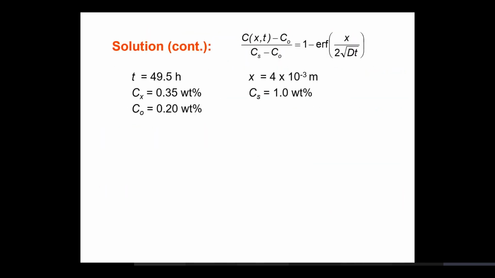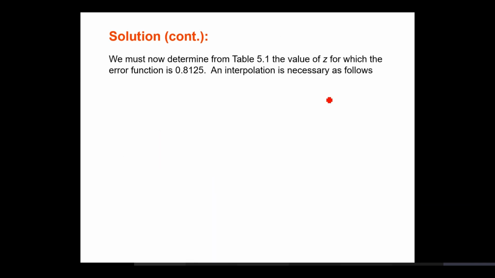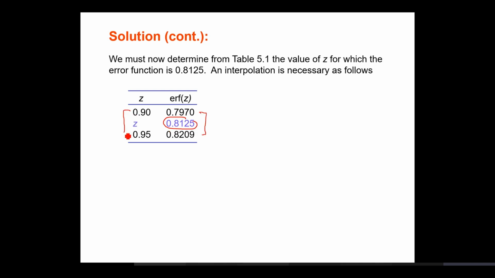So let's first look at how you would find the error function z value. You plugged in the three concentrations and subtracted from one, and you get the error function z value of 0.8125. Now the problem is when you go to the table, you see that 0.8125 lies between two values, and there is no exact value given for this error function value. So what you do is use interpolation.